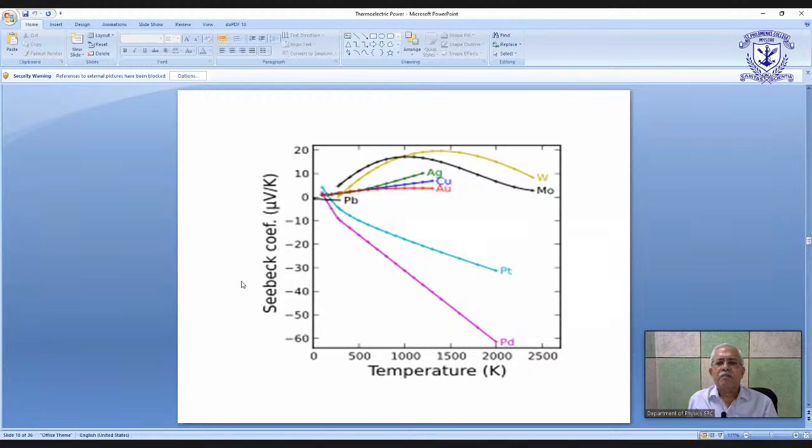Complex band structures imply that we have to carry out a very detailed analysis of the band structure in order to evaluate the Seebeck coefficient. Remember the formula for the Seebeck coefficient derived by Mott, and you will understand what I'm trying to say. So this is for metals.